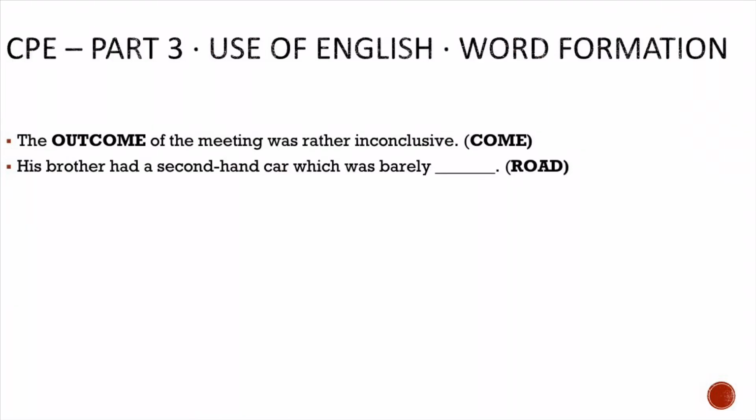What happened after the meeting ended? The outcome. Another example. His brother had a second-hand car which was barely, we have the word rode here. Now let's make this into a compound word. How would we do that? So we have the adjective barely.